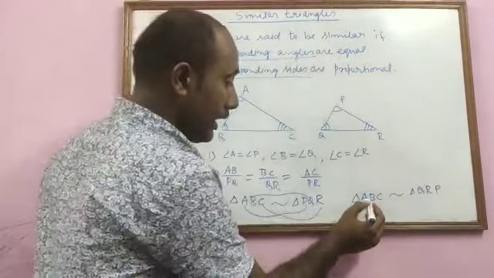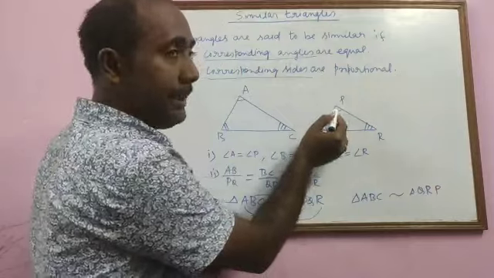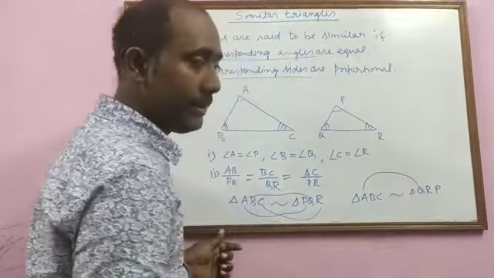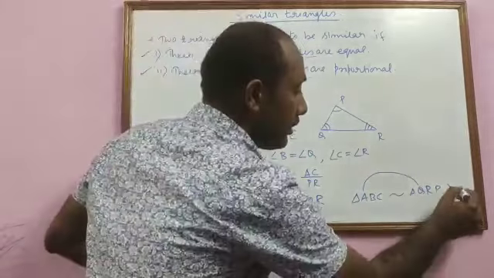Why? Because corresponding to angle A, angle P is equal, and here I have started with A and A is matching with the first, that is Q, which is not true.